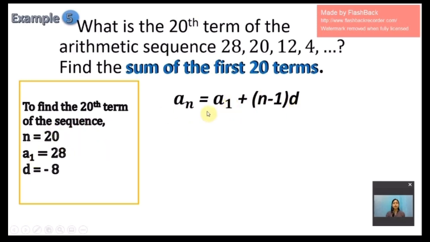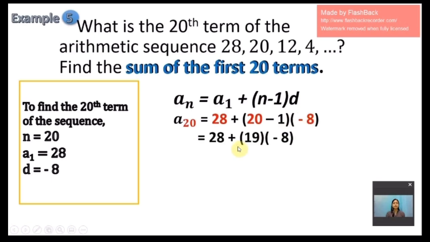Substituting the values, we will have a sub 20 is equal to a sub 1, which is 28, plus n minus 1, 20 minus 1, times d, which is negative 8. We'll have 28 plus 20 minus 1 is 19 times negative 8. Then simplifying further, we will have 28 plus 19 times negative 8 is negative 152.